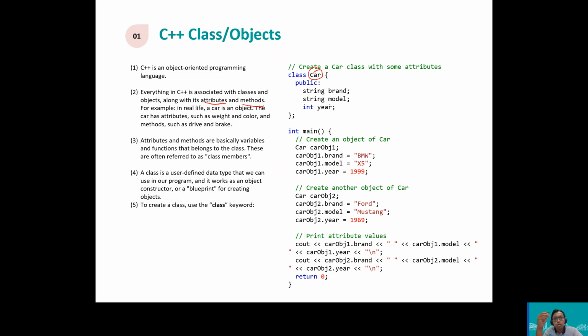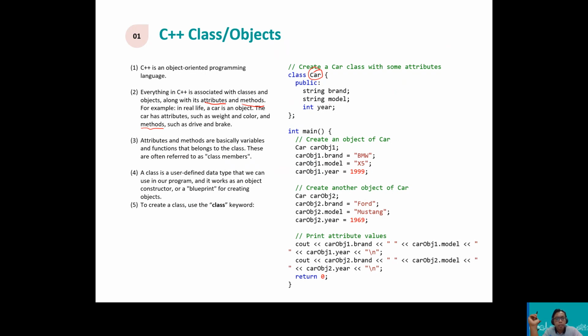It also has methods, sometimes we call them behavior of the object, such as the car can drive, can brake, can do a lot of stuff. It basically involves the motion or the actions of the object.